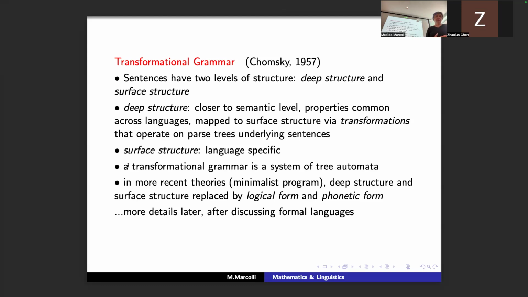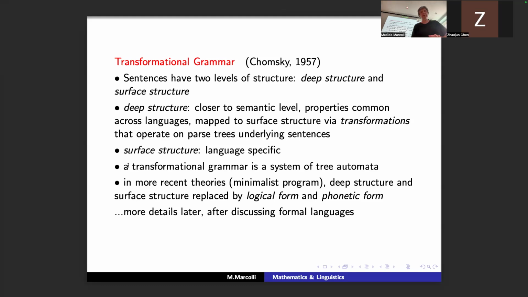But this means that if you think of it in these terms, you have a production system and a system of transformations, and these two are at this level considered as two separate steps, and these transformations are automata that act on trees and produce other trees, so they're transformations of tree structures.